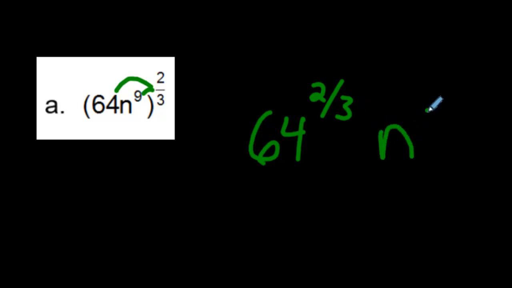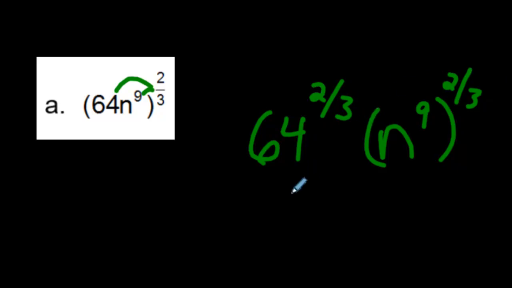So I don't know if that's a good way of remembering or not for you, but it would look like this. If we spread out that 2/3, it would be 64 to the 2/3, and then we'd have n to the 9th. Okay, I'm going to put brackets around it just because it also has to meet the 2/3 as well. So there's that shower power idea.